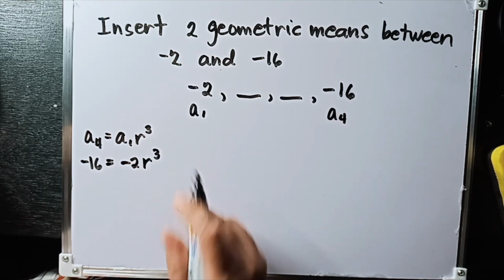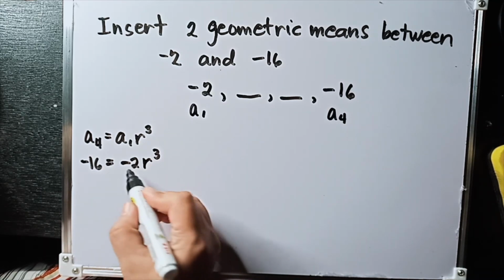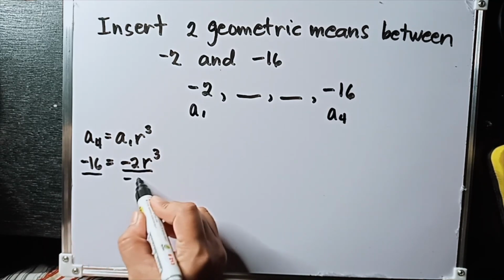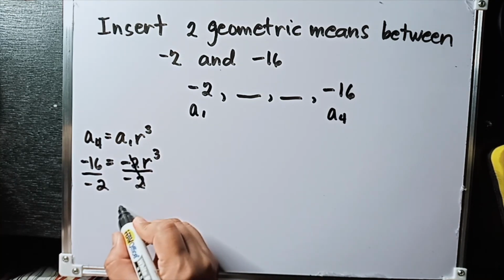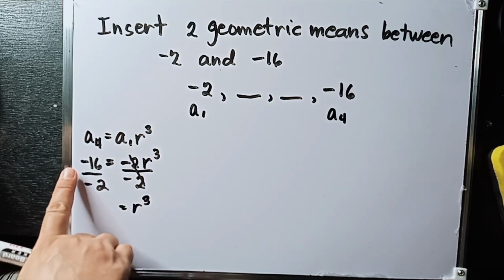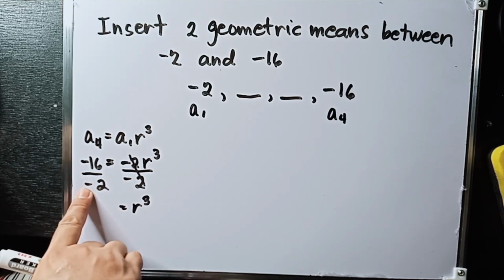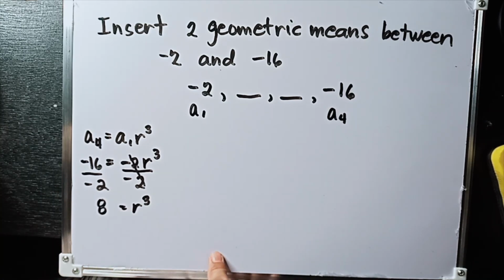r cubed. So since we are finding the value of r, we are going to divide both sides by negative 2. So that cancels. So what would be left? That would be r cubed. Negative 16 divided by negative 2 is positive 8. Okay?